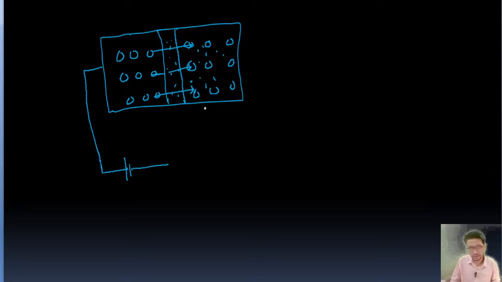And these are electrons. Electrons will be there as well. And the holes will go like this. And this is the biasing, positive, negative, and this is B.